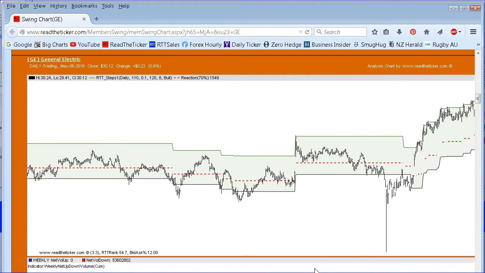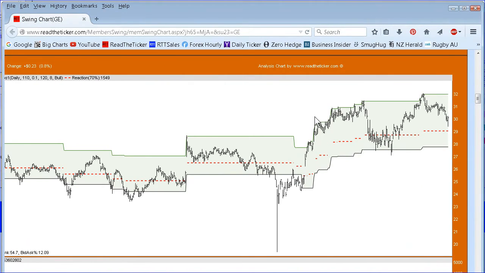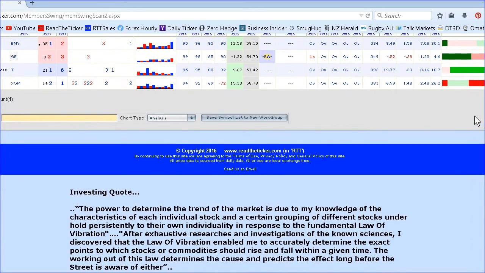And GE is showing in the last 80 periods, all of the closes are within the step. So this shows that we're scanning for tight patterns in a stepping formation. And as we can see here, we've had a new break into new ground with the steps. The steps are going higher.